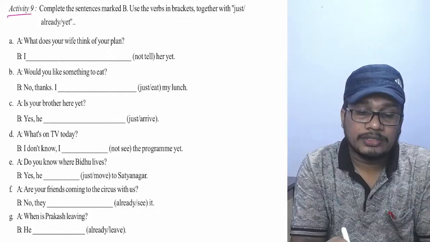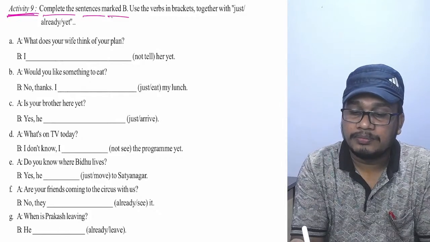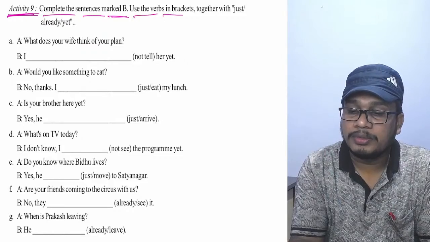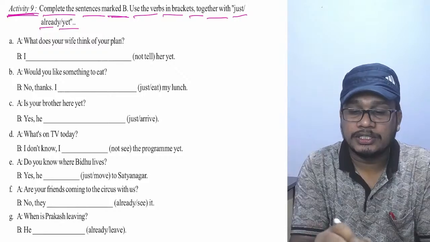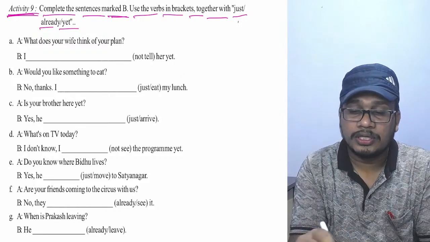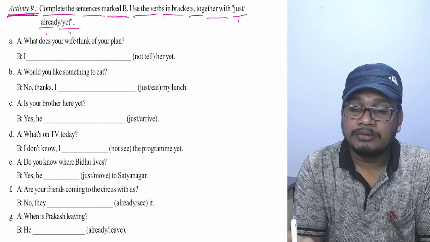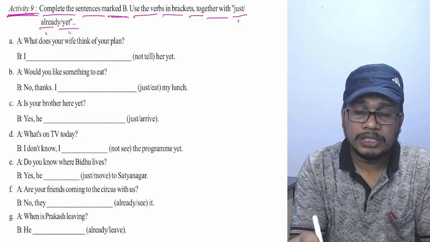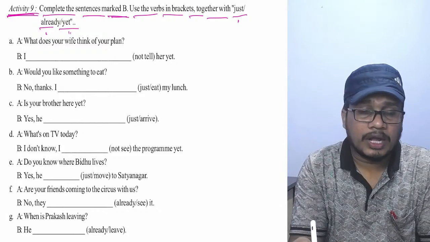Now coming to activity 9: complete the sentences marked by B. Use the verb in brackets together with just, already, yet. So with the use of expressions like just, already and yet, we will frame the sentence and fill the gap. A asks, what does your wife think of your plan?